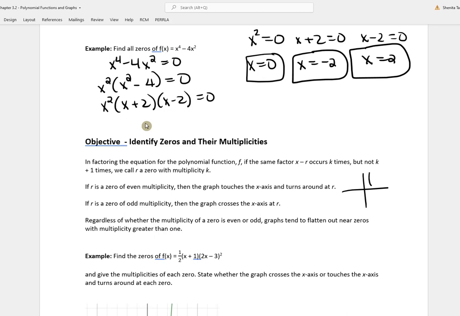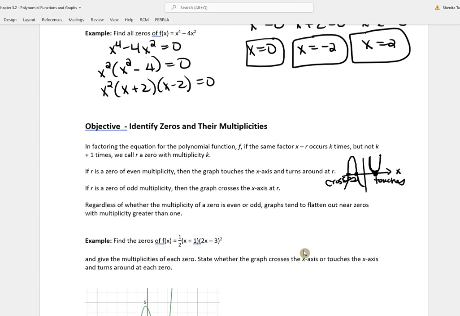I touched the x-axis and I came back around. So as you can see, this is touching the x-axis. This is the x-axis here. When I say it crosses the x-axis, I mean something like this. It actually crosses and then comes back around, or it may not come back around. But at this point, it crosses. Here, in this one, it touches. Touches, crosses.